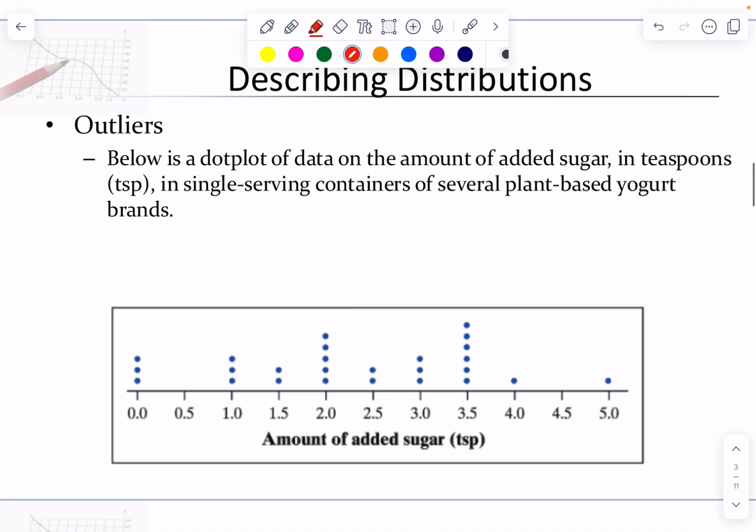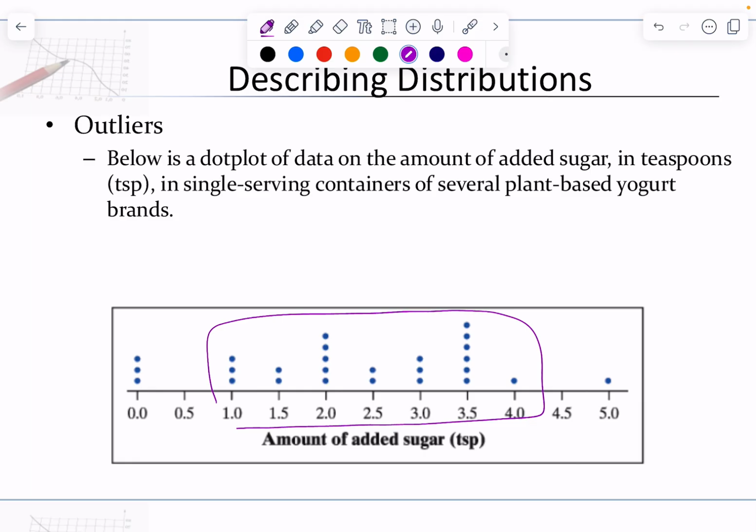When I'm looking at a set of data and the distribution that's created, in this case a dot plot, it has the amount of added sugar in teaspoons in a single serving of several plant-based yogurt brands. So we just looked at how much sugar was added in these different yogurts. As we look at the overall distribution, we notice that a lot of the distribution is focused around this 1 to 4 teaspoons of sugar.